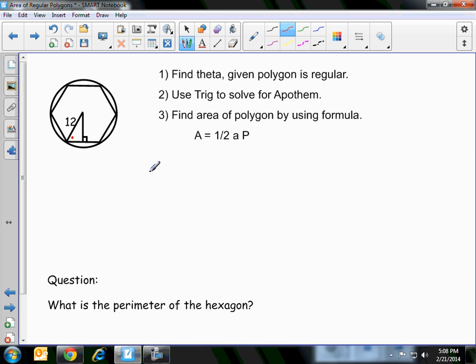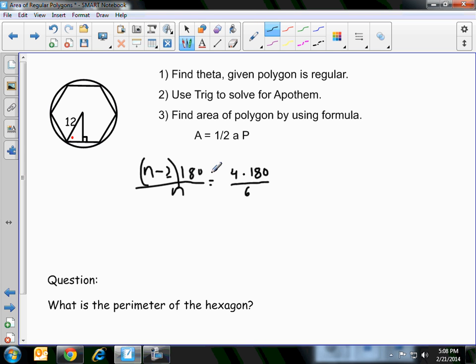First, let me change colors again: n minus 2 times 180 divided by n is 6 minus 2 times 180 divided by 6. Again, 6 minus 2 is 4, that's why I wrote 4.